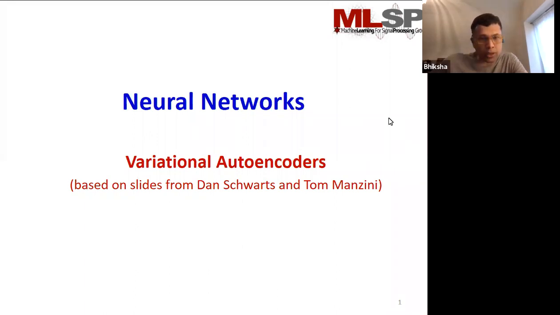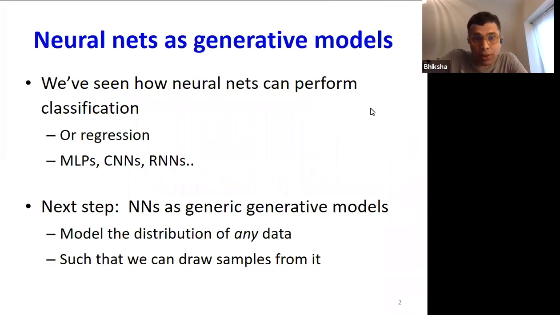We now move on to a series of 2 lectures, possibly 3 if this stretches too much, on variational autoencoders. What we've seen so far is that neural networks are great as classifiers and regressors. We've seen how they can do classification or regression with different models like MLPs, convolutional networks, and recurrent networks.